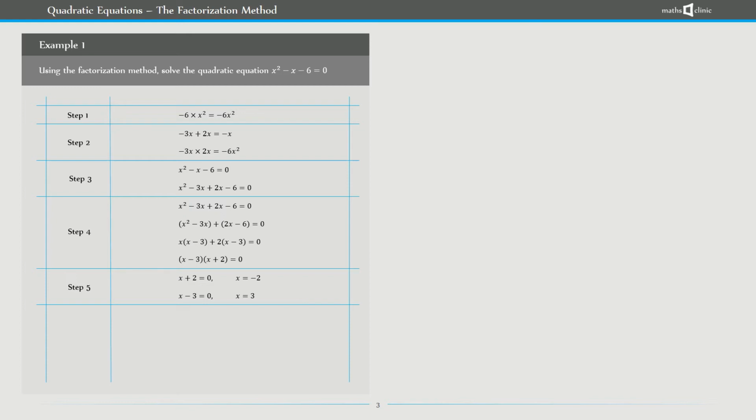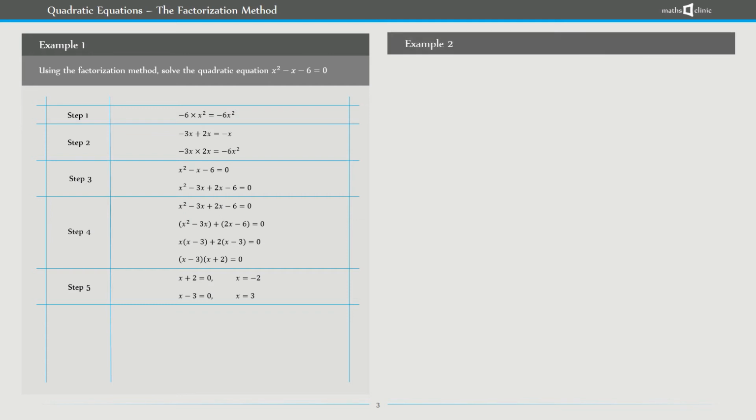And from that point on, very simple, we have that x equals minus 2, x equals 3. And that is how you solve a quadratic equation using the factorization method. Let's go ahead and do another example.